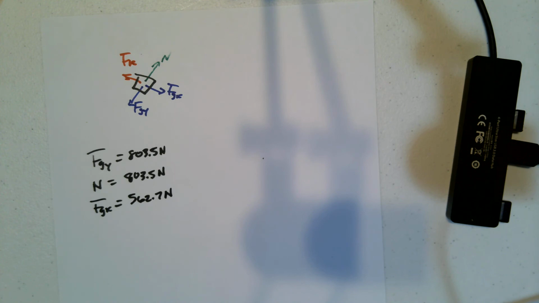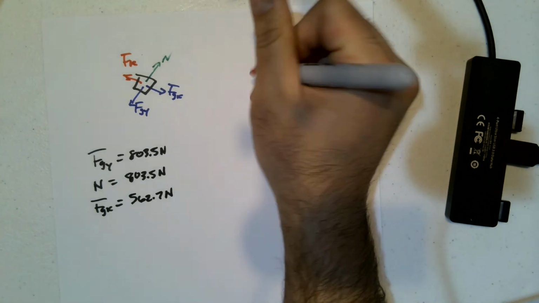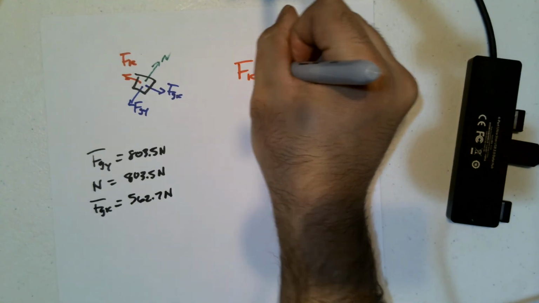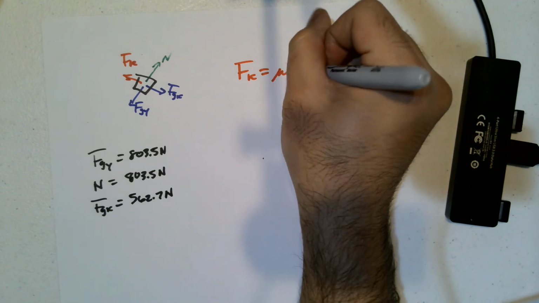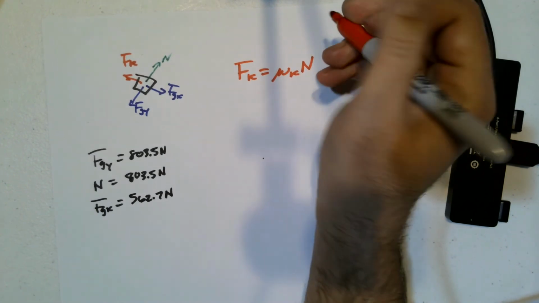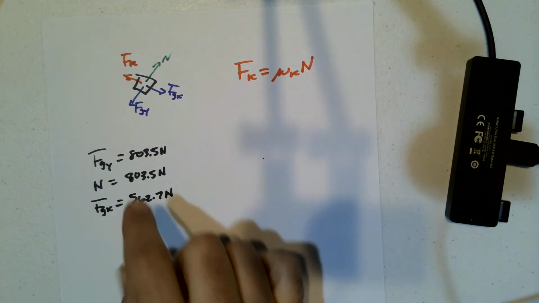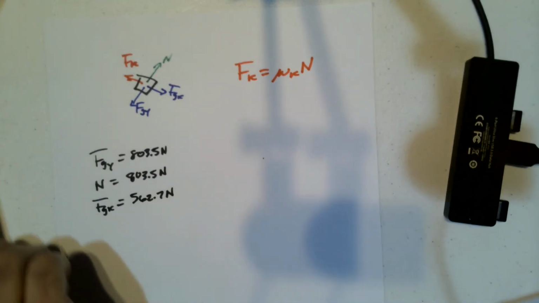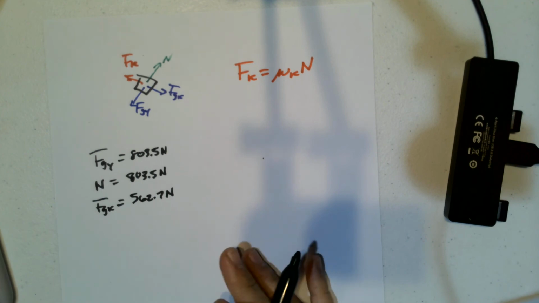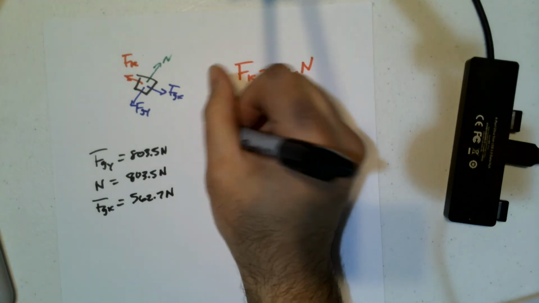We now need to take a look at that. Think about our old formula for force of kinetic friction. It was F_k equals mu_k times N, and in this problem we're told that mu_k is equal to 0.1, and we already have the value for N. Knowing those two things, we can get F_k.